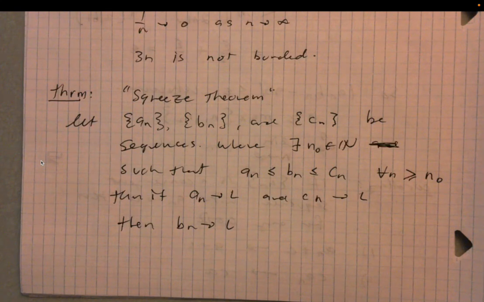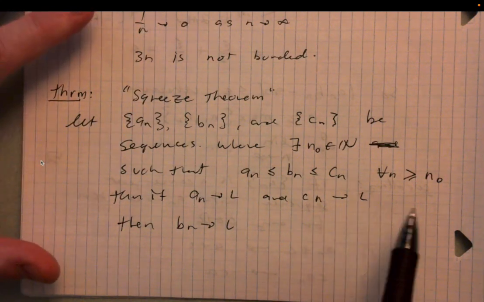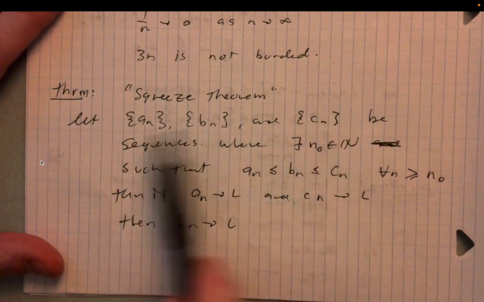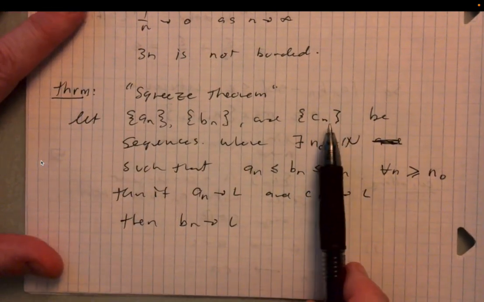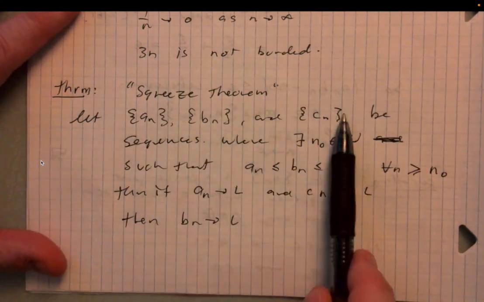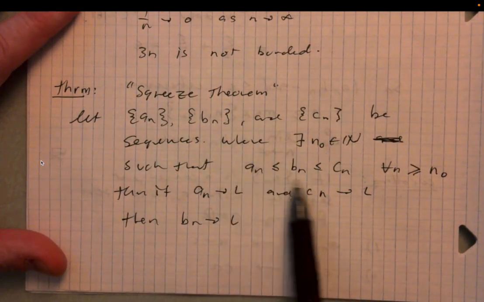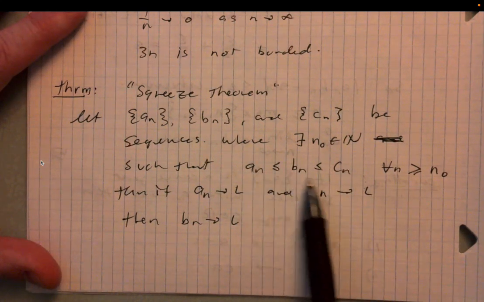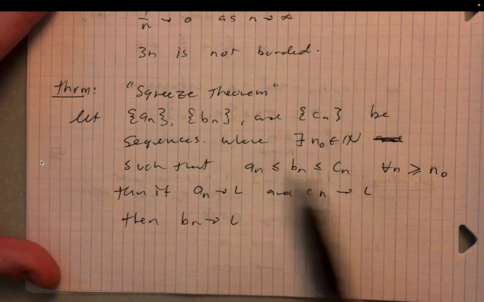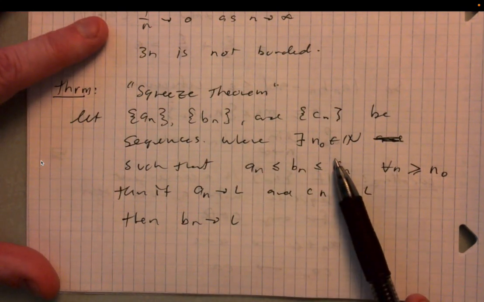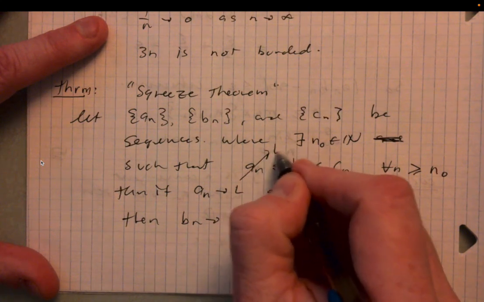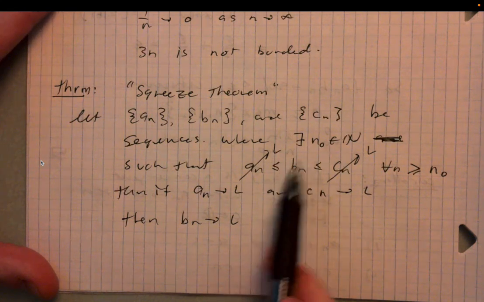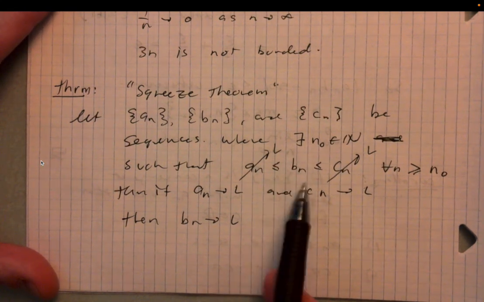Okay, right? So the idea here is that you've got these three sequences. They may start out in whatever orientation to one another. But if these three sequences fall into this configuration at some point as you move out into the terms, and once they fall into that configuration, they stay in that configuration, then if this one goes to L and this one goes to L, then obviously that's going to force the middle sequence to go to L as well.